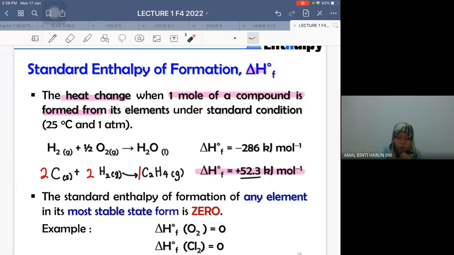Tak boleh, you tak boleh buat O tambah O dah. Okay. So memang oksigen ni memang Allah ciptakan dah form dah macam tu. Perlu tenaga tak? Tak perlu. So inilah maksudnya any element at more stable state. Oxygen is found to be gas, O2 gas. So the enthalpy formation dia 0, tak perlu tenaga. Chlorine, naturally found as chlorine gas. So delta HF for chlorine is 0. Sama juga yang nak buat enthalpy formation for hydrogen pun 0.